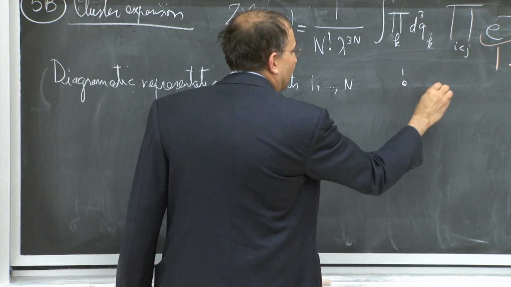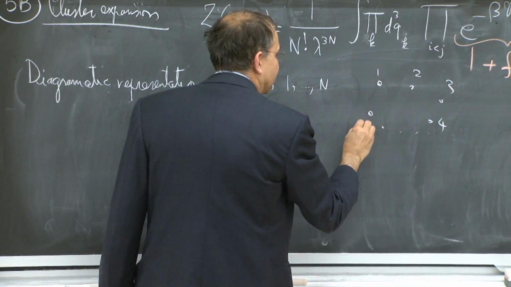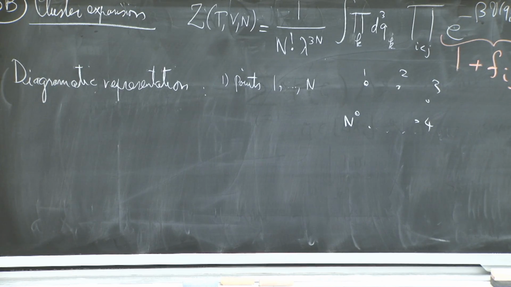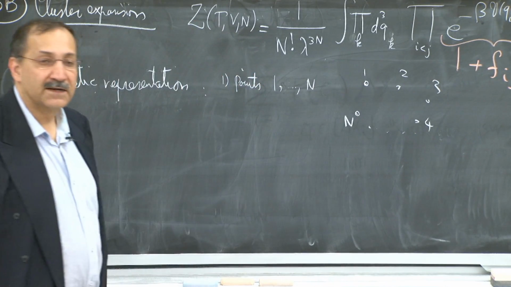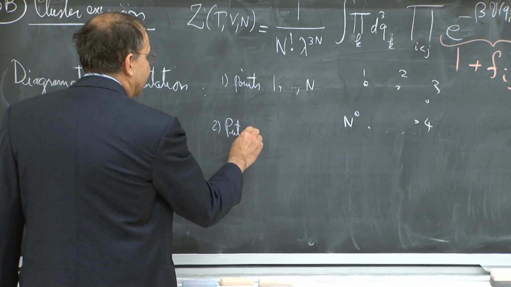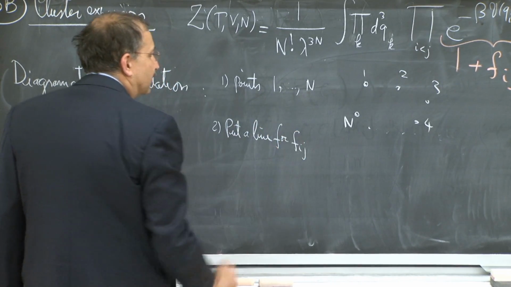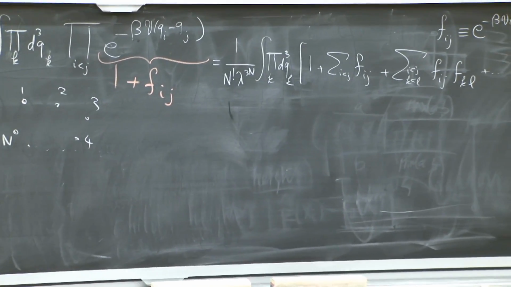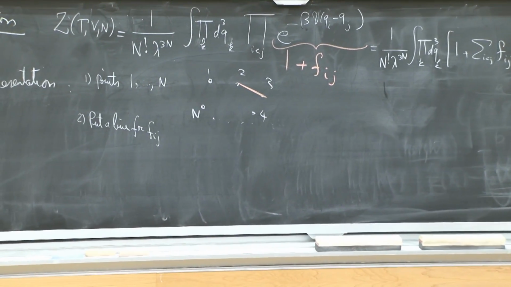So I have 1, 2, 3, 4, doesn't matter how I put them, n. And then this 1 would correspond to just this diagram. The next thing is I put a line for fij. So let's say that I picked in this series the term that was f23. I will represent that by a line that goes between 2 and 3.